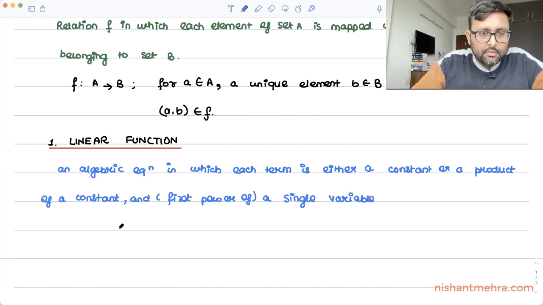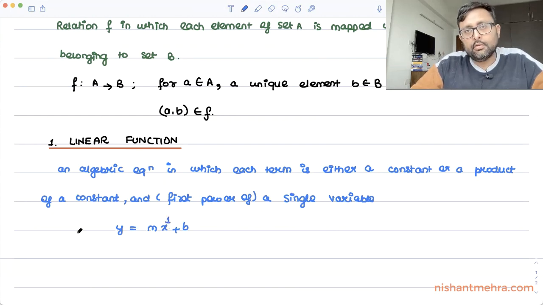So you might have a function like this, y is equal to mx plus b. You are multiplying the constant m with the variable x, and this x has the first power, just x to the power 1. This is a linear function, yes.